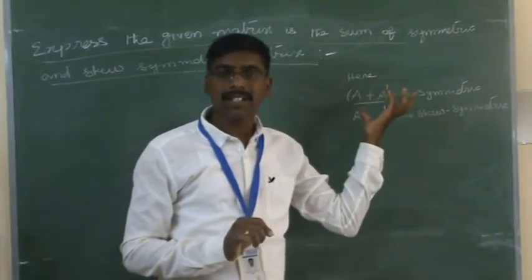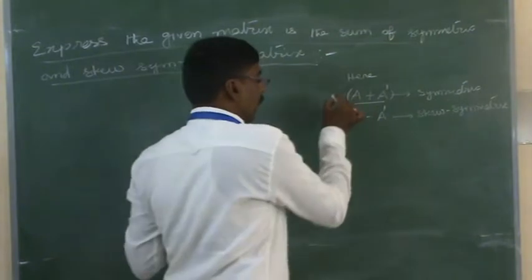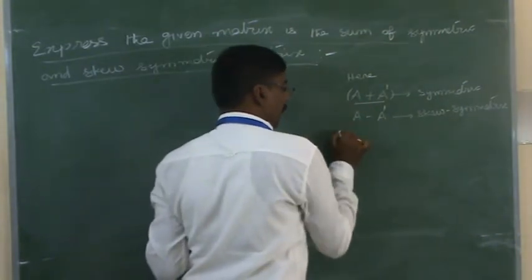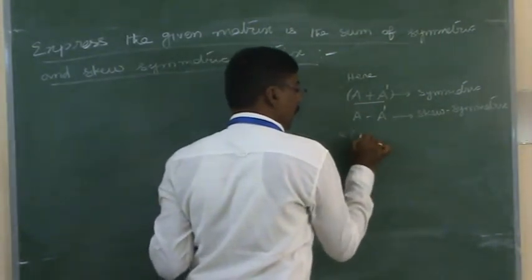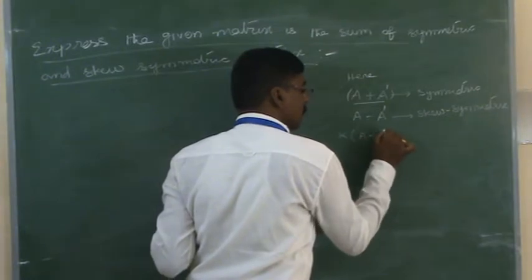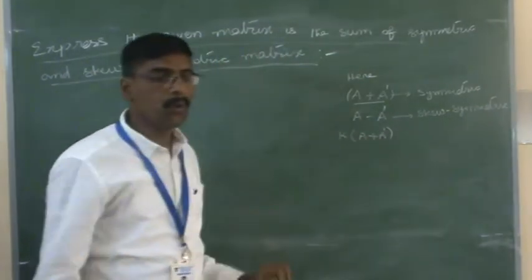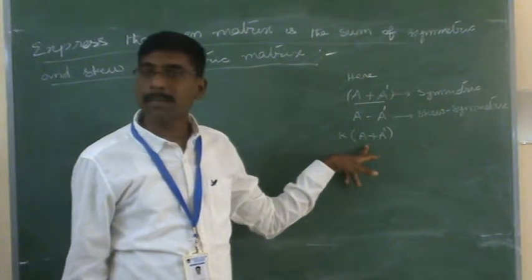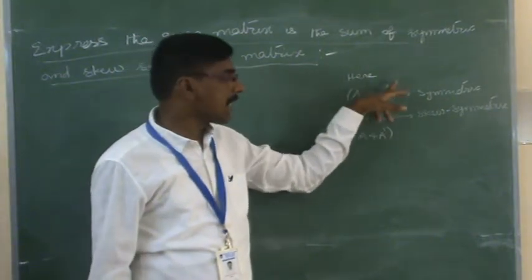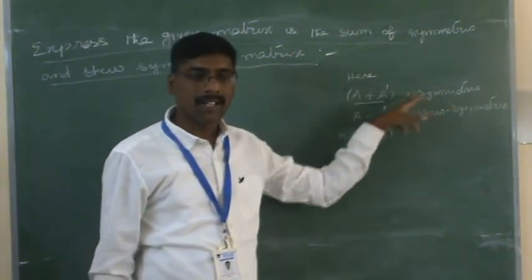A scalar is nothing but some number. So K into A plus A transpose is also a symmetric matrix.